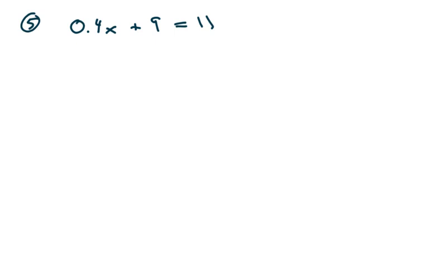All right, number 5, 0.4x plus 9 equals 11. So I'm going to draw my line on my equal sign. So the first thing I'm going to do is subtract 9 from each side. So the 9's cancel out.